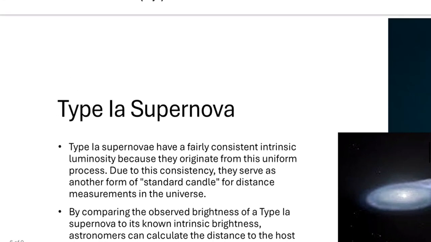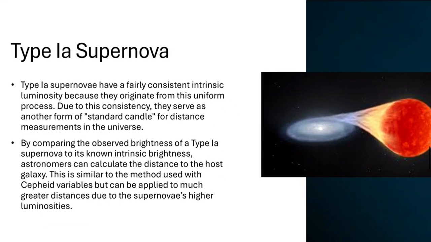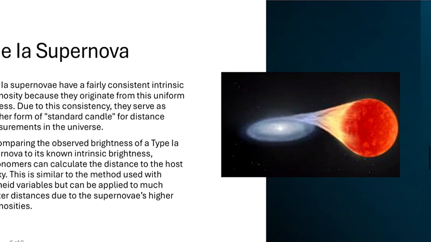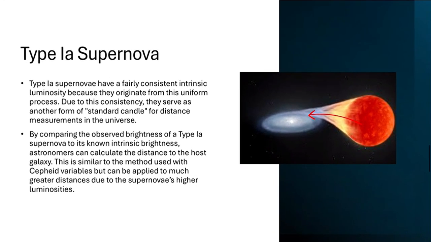Another type of standard candle is the type 1A supernova. A 1A supernova is a white dwarf that absorbs energy and therefore gains mass until it reaches a limit where it explodes, emitting radiations.